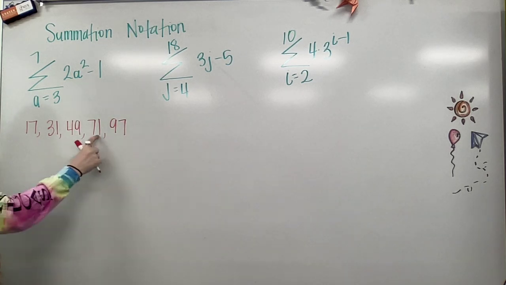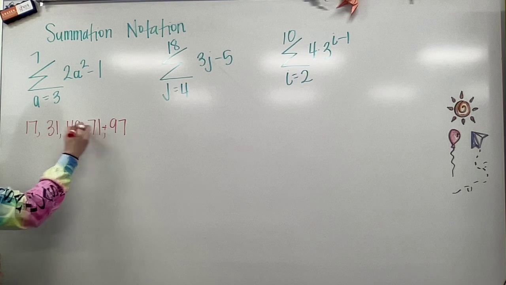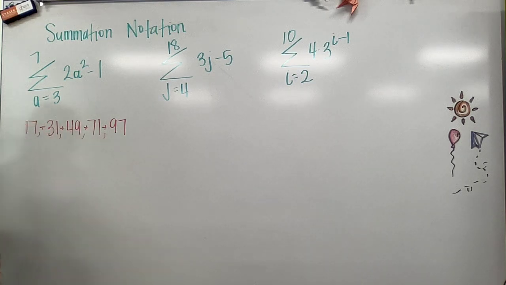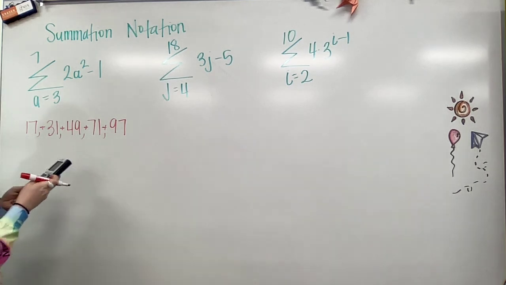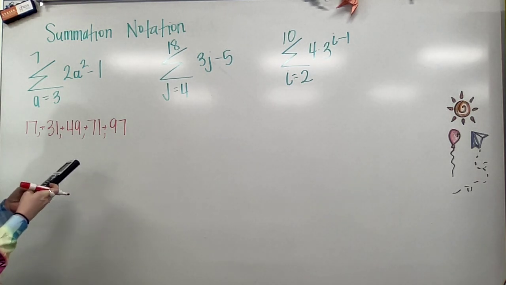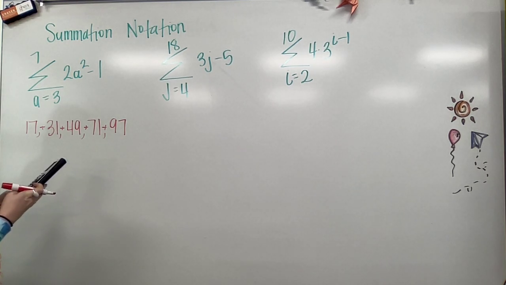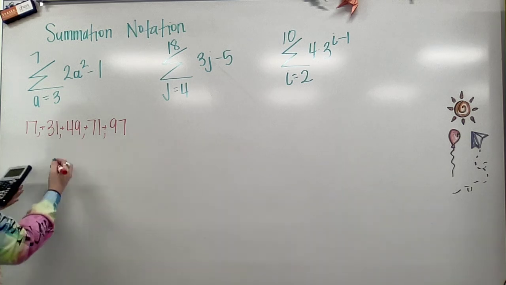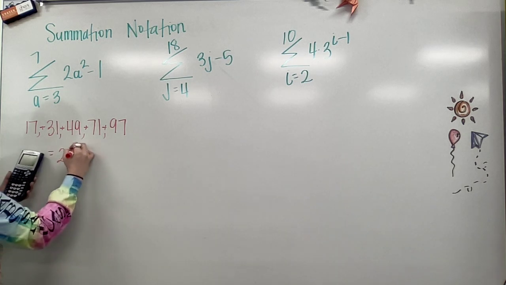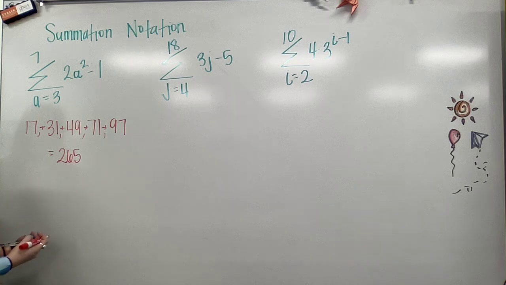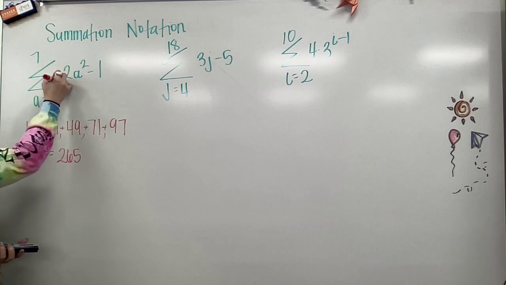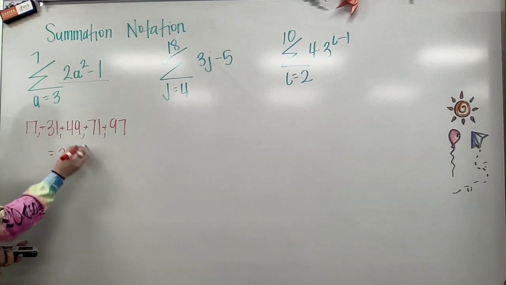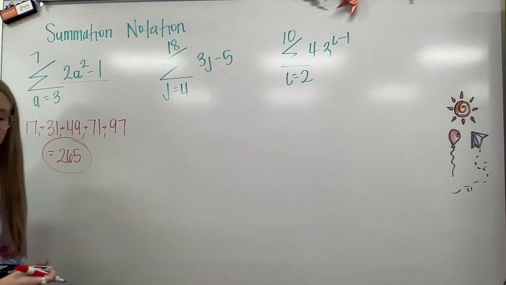So here are my 5 terms, and I'm going to add these all together. 17 plus 31 plus 49 plus 71 plus 97, and my total is 265. So the sum from the third term to the 7th term of this sequence is 265.